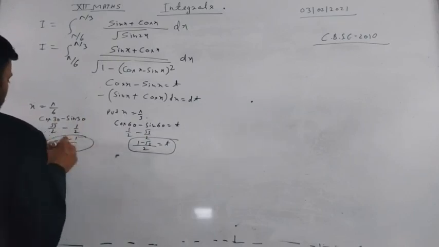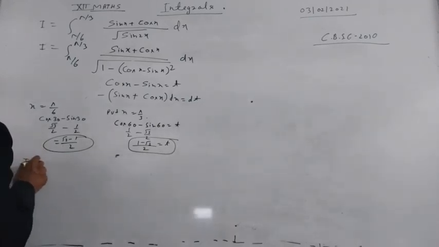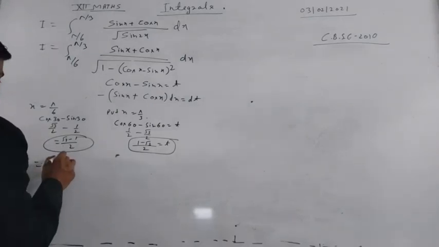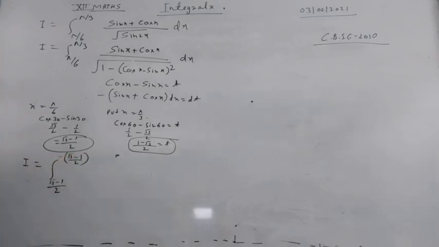Okay, friends, so this is our lower limit and that is our upper limit. Now we can write I is equal to, with lower limit and upper limit, taking the negative sign outside, root 3 minus 1 by 2.